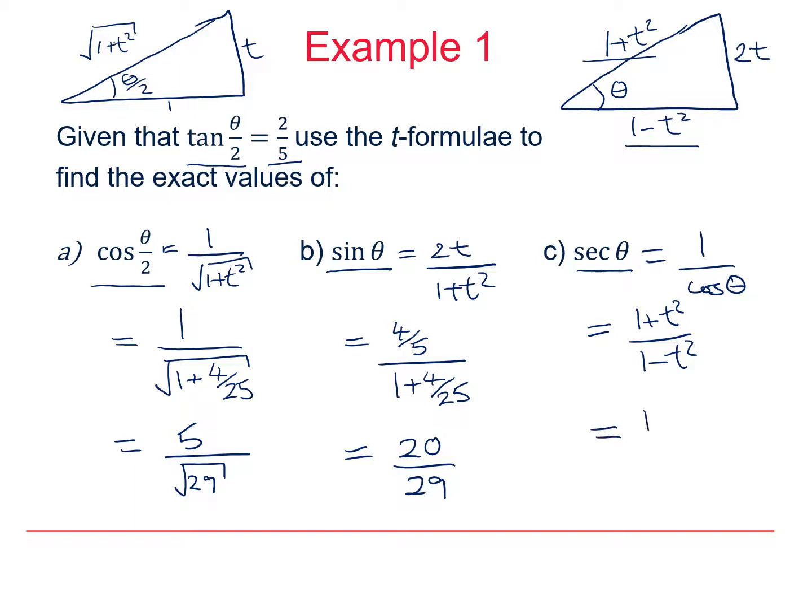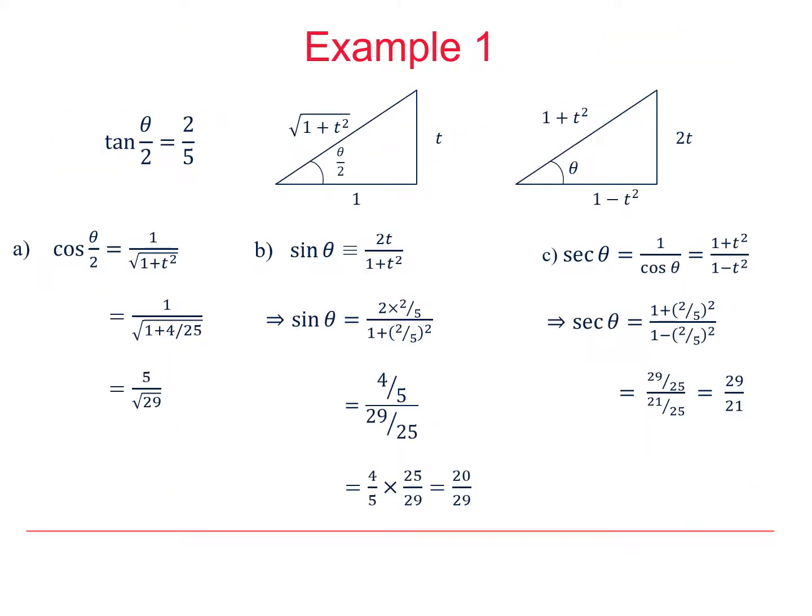So that's 1 plus 4/25 over 1 minus 4/25. And then if we multiply both top and bottom by 25, we end up with 29 over 21. And here are those workings written out slightly more neatly, so you can freeze the video if you need to follow those through in more detail.